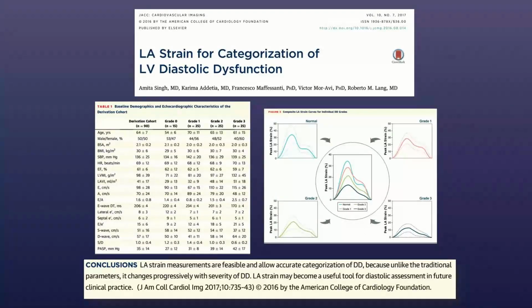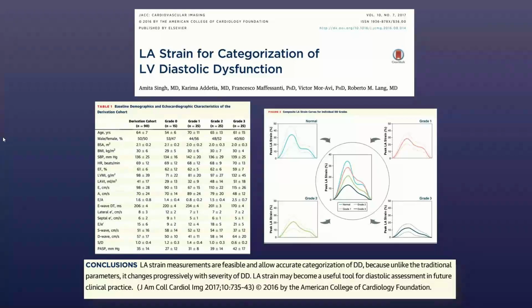Based on this data, the group by Roberto Lang used left atrial strain for categorization of LV diastolic dysfunction in adult patients. And while we know that using standard echo Doppler parameters, there is a gray zone, so-called pseudo-normality, here, in this paper, using the atrial deformation, they were able to see a progressive deterioration in atrial deformation from normal through grade 1, grade 2, and grade 3 diastolic dysfunction.